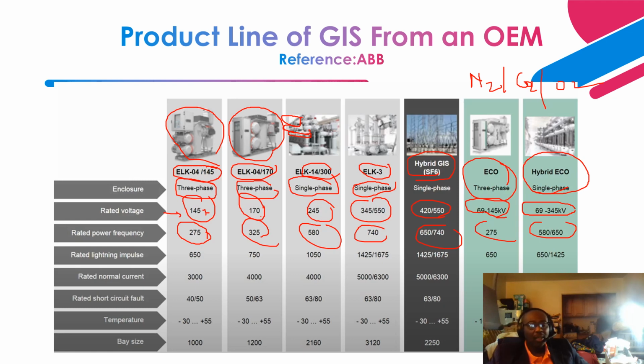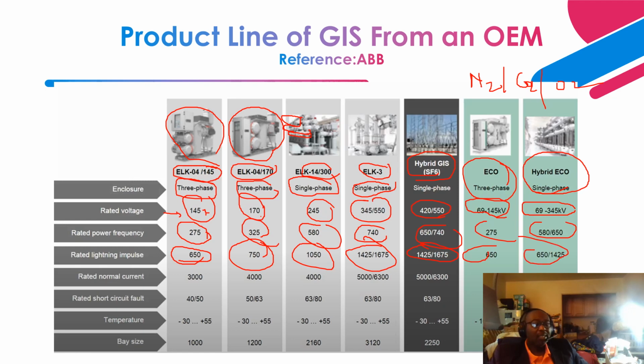For the GIS that are going to be installed outdoors, definitely they are going to be prone to lightning impulse surges. So the insulation medium should be able to withstand this amount of voltage for lightning impulse surges.